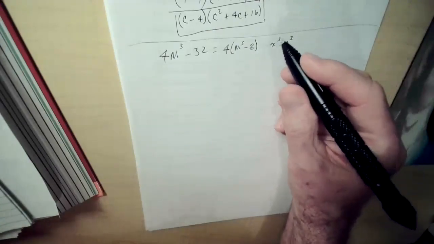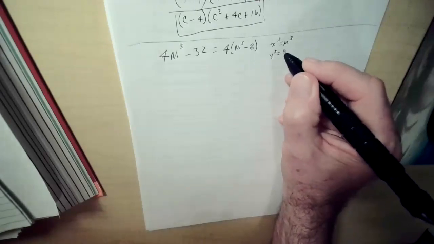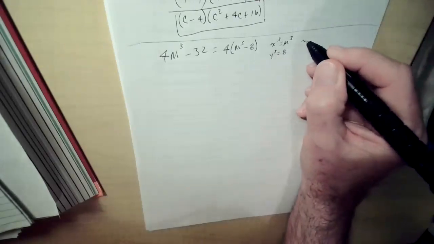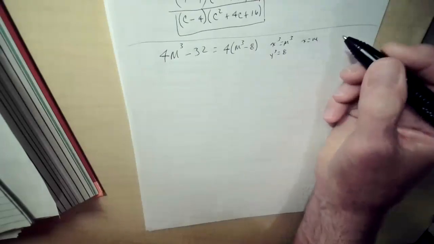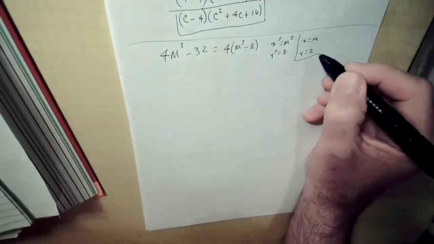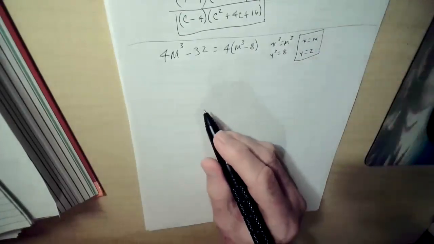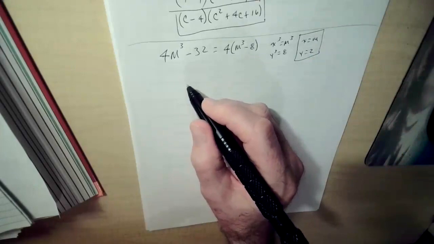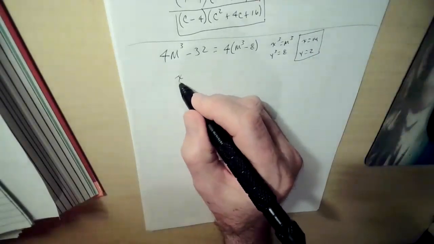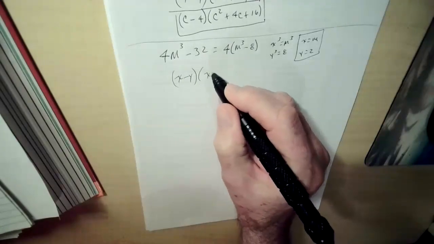Just remember, don't forget the 4 here. So if x cubed is m cubed and y cubed is 8, x is m, y is 2.